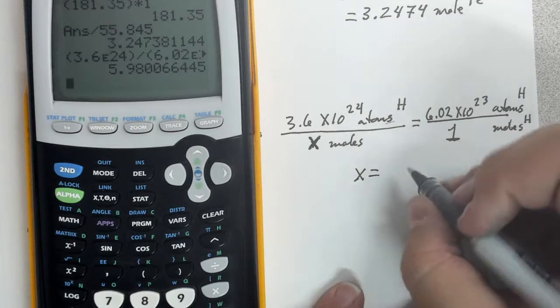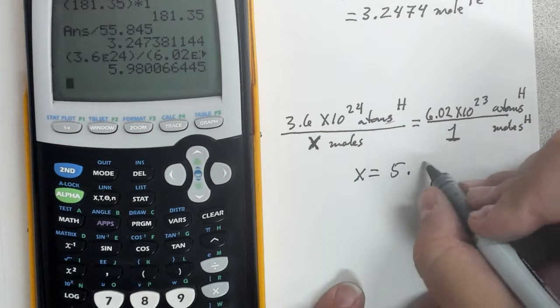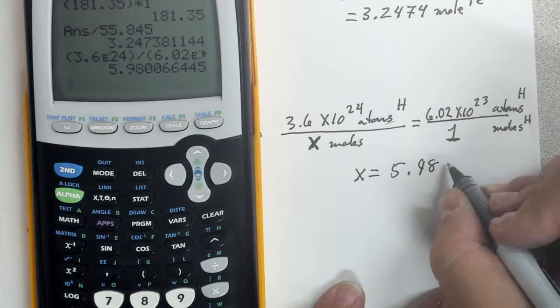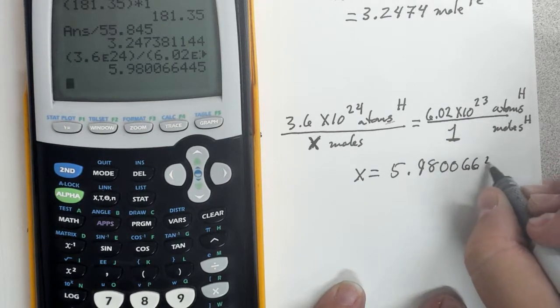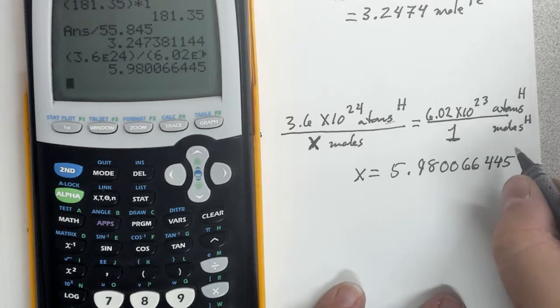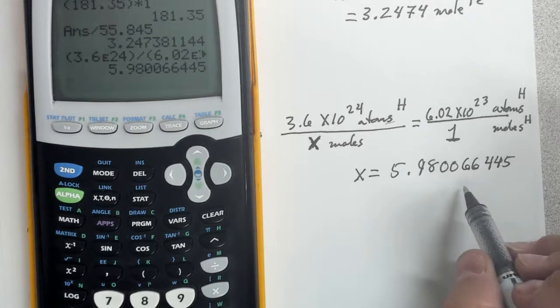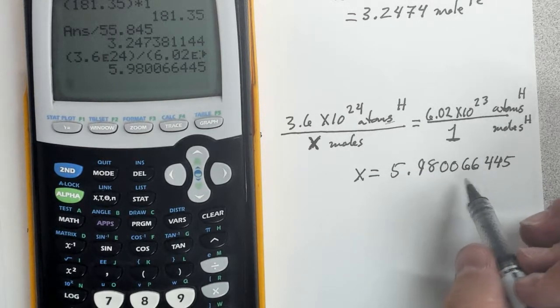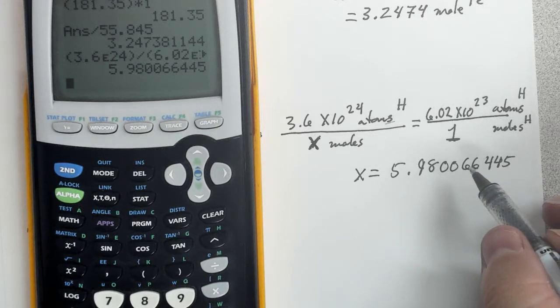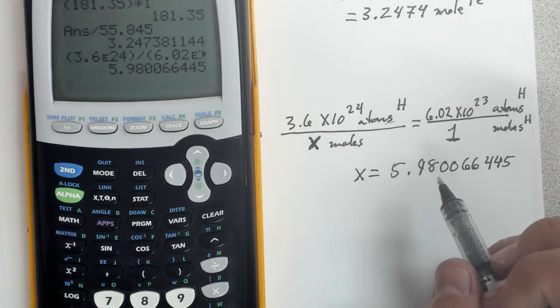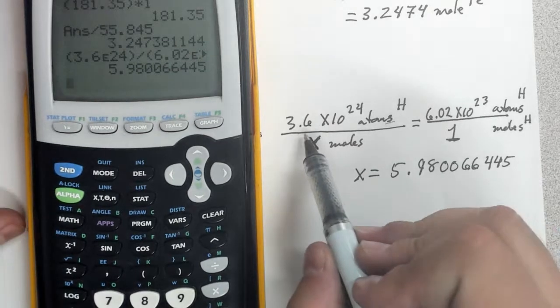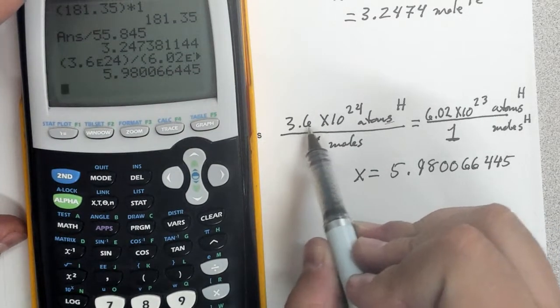So x is going to be equal to 5.98, and it shows 0.0664445. All of these numbers are not significant. They're not important for me to show in my answer. What I want to look at again is having the correct number of significant figures. This number that I started with has 2 significant figures.